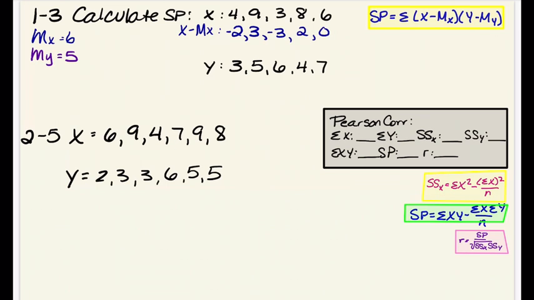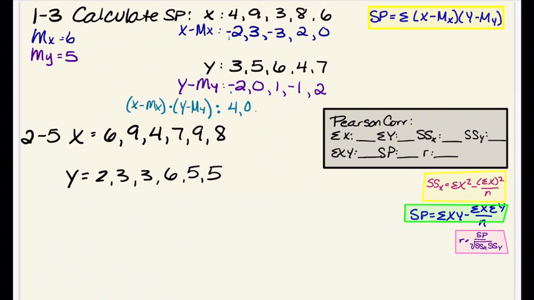Then we'll do the same with our y scores, subtracting our mean of y from each y score individually. Now we'll multiply each deviation of x with the corresponding deviation of y. So in this example, negative 2 times negative 2 would be 4. 3 times 0 is 0.